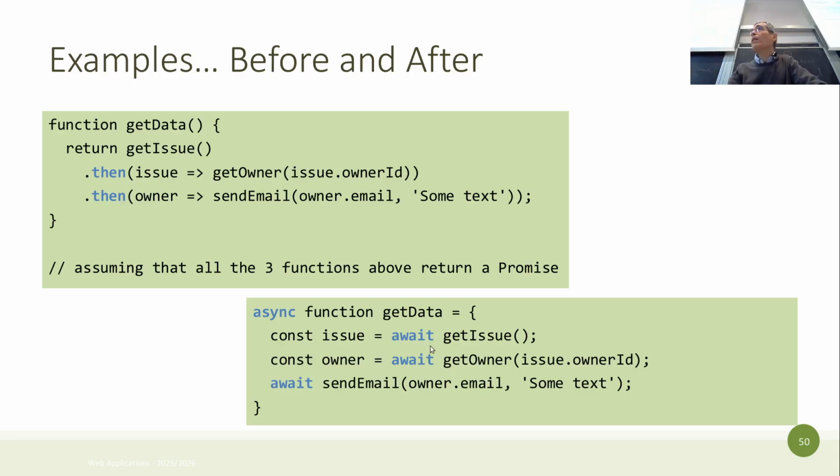If you have await, of course, you have a return value, because you have to assign the result of the await to a variable. So you cannot forget to return a value, because the await returns a value and you assign it to something. And then you take it and you pass it as a parameter to the next function. Okay? So it is more intuitive also in these terms, okay, for the return value.